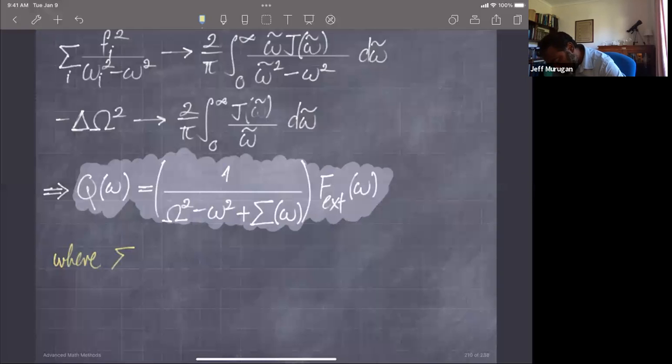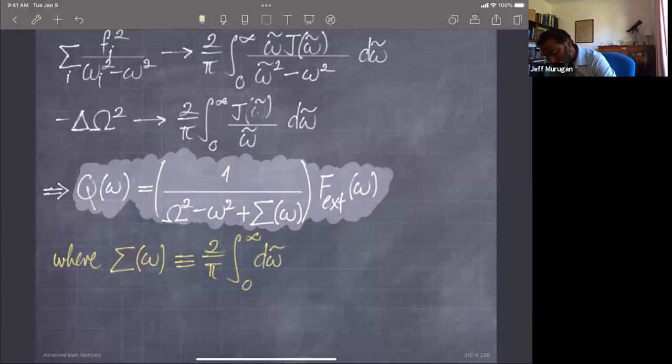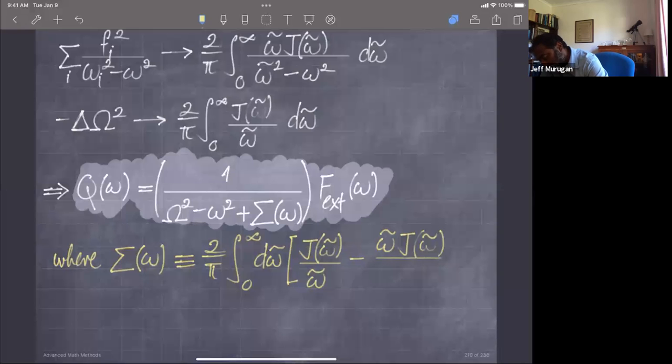Where sigma, this is not a sum, this is a variable, of omega is the quantity defined to be 2 over pi integral from 0 to infinity with respect to omega tilde of j of omega tilde over omega tilde minus omega tilde j of omega tilde over omega tilde squared minus omega squared.